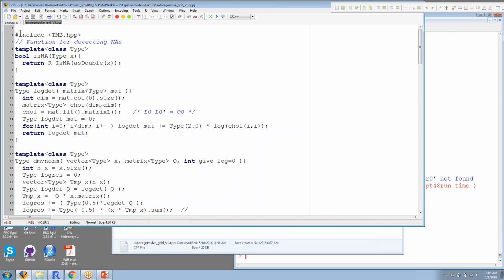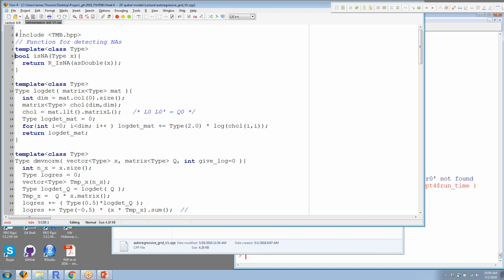The isNA is a hint that I thought maybe we would do an exercise where there's some cells with no data, so we could put in that data matrix Cij some NA values, and when doing the likelihood calculation for the data, if it found an NA, it would just skip that, but it would still predict the random effect at that location. We could get predictions at unsampled locations that way, kind of similar to how we did homework 3 or whatever it was.